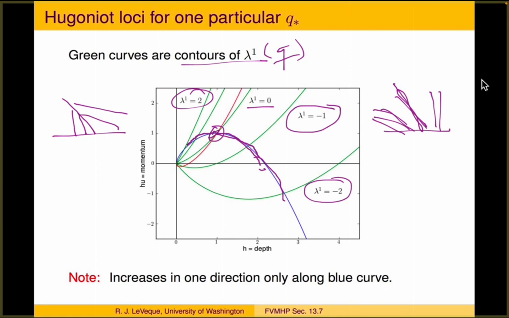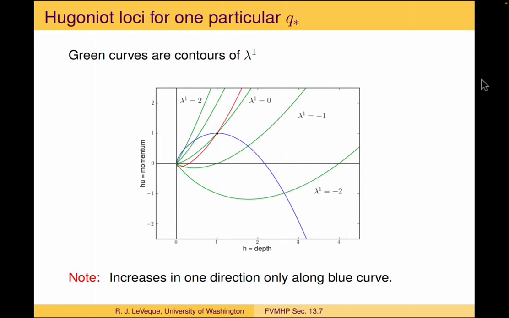Is it decreasing, so that the characteristics are impinging on the discontinuity, or is lambda 1 increasing as we move from the left state to the right state, in which case this is not the correct entropy solution, and we should be using a rarefaction wave instead.